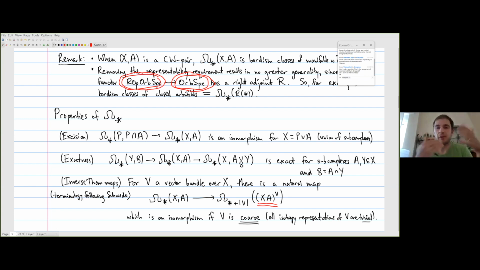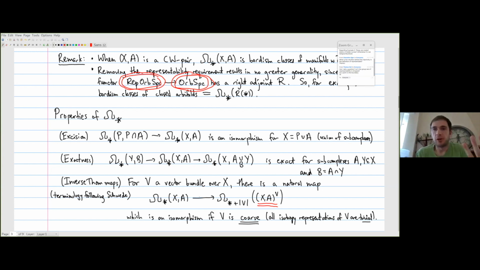And Thom space is functorial, so you get an orbifold mapping to the Thom space of V. That's exactly what this map is, passing from an orbifold to the Thom space of the pullback of V. So this is called the inverse Thom map. It exists for any vector bundle.